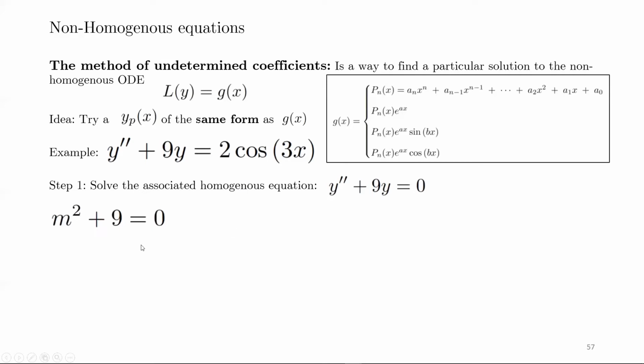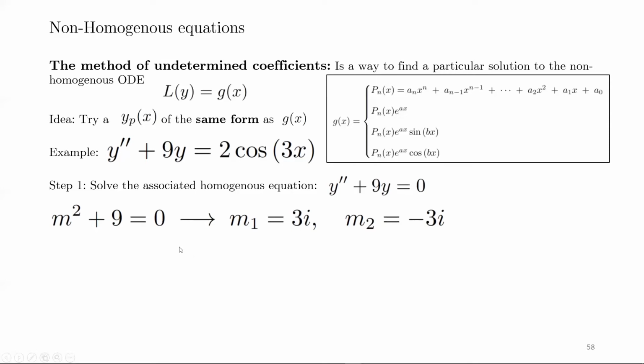I can easily solve for the roots of that quadratic, and of course you can see already it's going to be an imaginary number. So the first root is going to be 3i, and the second root is going to be the complementary, minus 3i. So if you look here, the real part of the root is 0, so alpha is 0, and beta, the imaginary part, is 3.